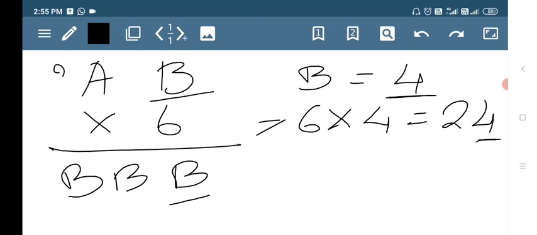So now let us take the carry on A. So we should get double B here, the same digits. 6 ones are 6 plus 2 is 8, no. 6 twos are 12 plus 2 is 14, no. 6 threes are 18 plus 2 is 20, no. 6 fours are 24 plus 2 is 26, no. 6 fives are 30, 6 sixes are 36, 6 sevens are how much? 42 plus 2 is 44. Yes, here also we are getting 44.